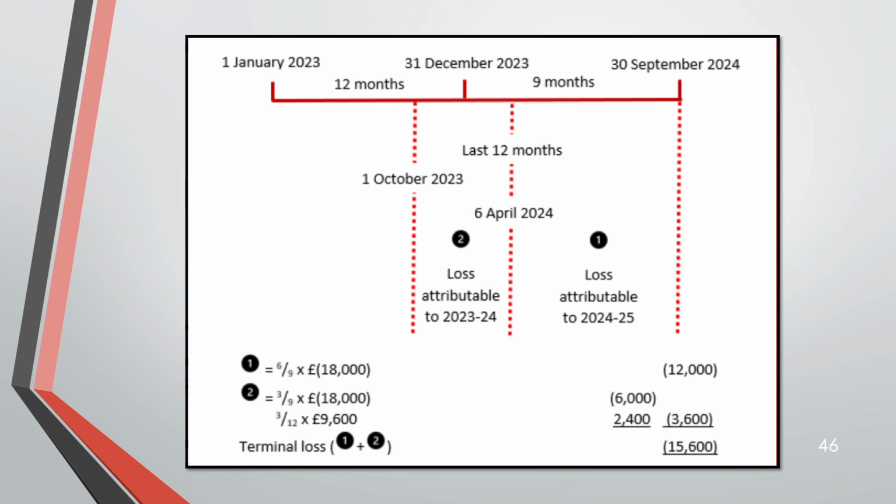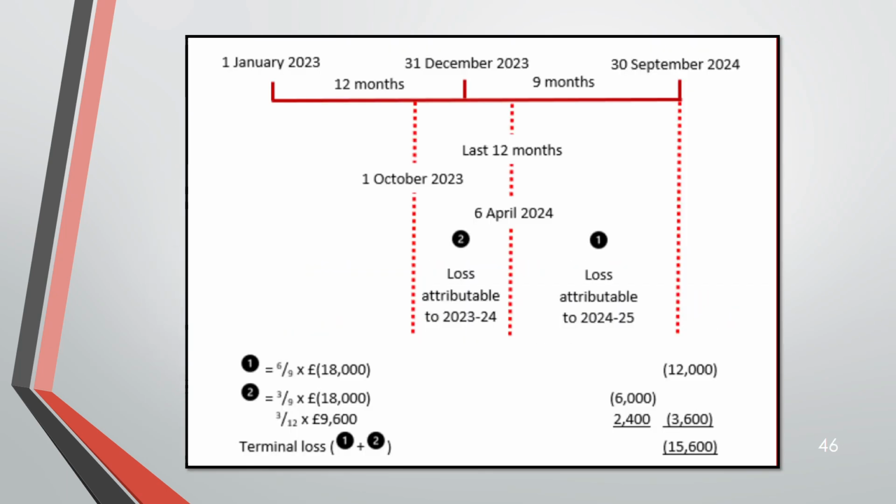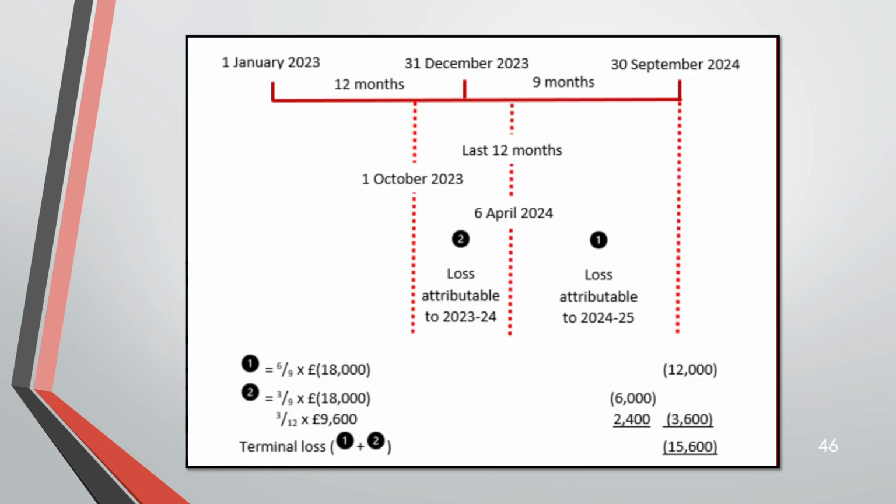So here, when you're taking the loss, what is the amount of loss? It's 18,000. And if you see, you have ceased trading on 30th September. The period is for 9 months, please understand.